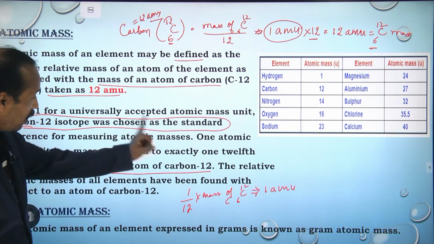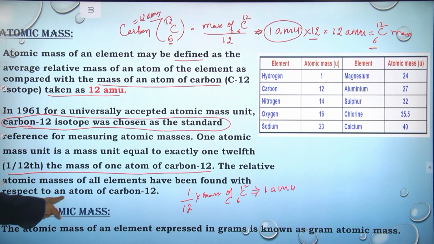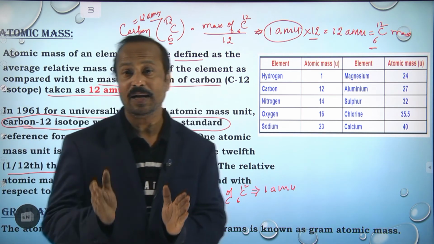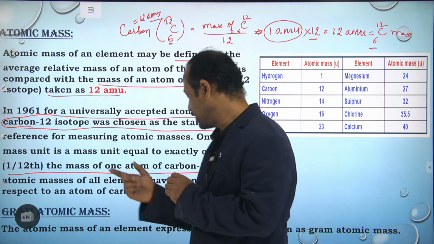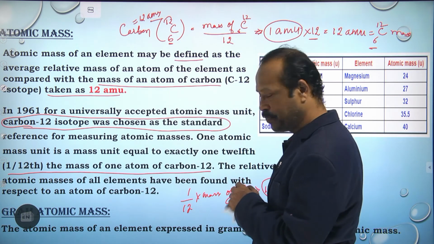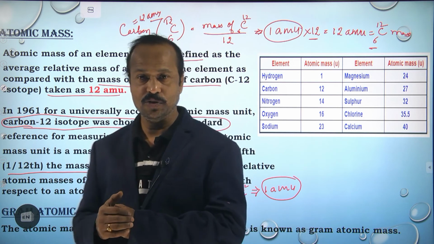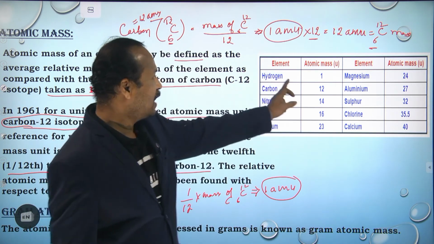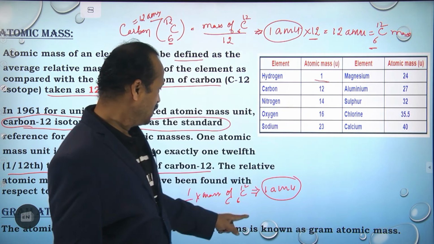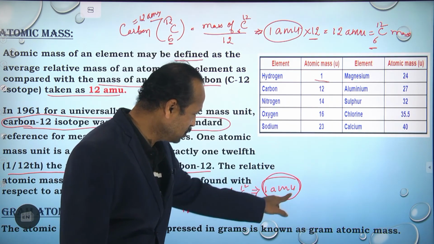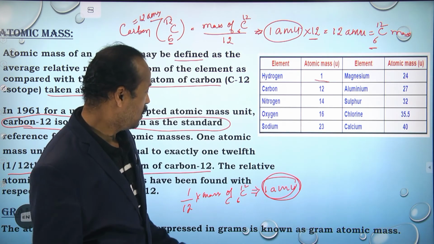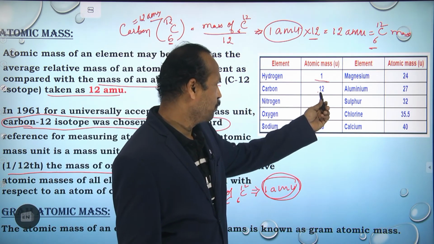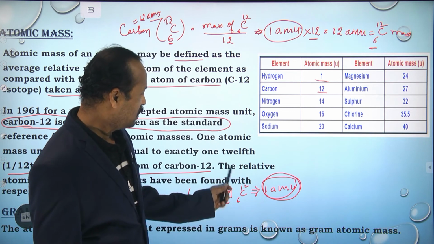The relative atomic mass of all elements has been found with respect to the atomic mass of carbon 12. After that, they started comparing the masses of other elements with this 1 AMU, and then they gave the masses to those elements. For example, hydrogen mass is approximately this much, so they gave it as 1 AMU or 1 unified mass. Carbon we know is 12.